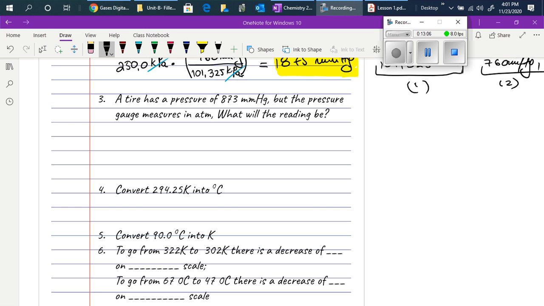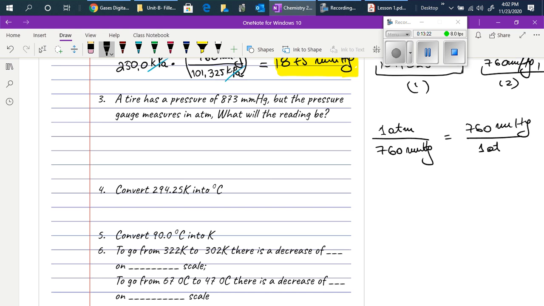In this case, we use the fact that 1 atmosphere is 760 mmHg, or 760 mmHg is 1 atmosphere. We start with what is given, 873 mmHg, and we discuss which ratio we are using.